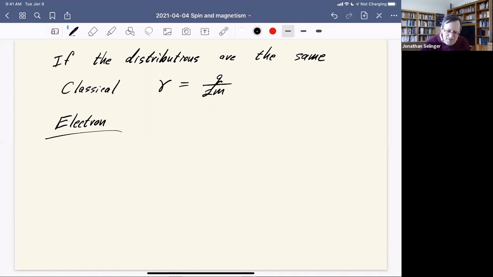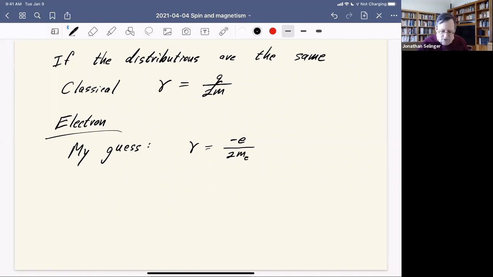So if I had to guess, maybe they're the same, whatever these things are. So maybe I would guess that the gyromagnetic ratio would be the charge, which is negative e, divided by 2 times the mass of the electron.